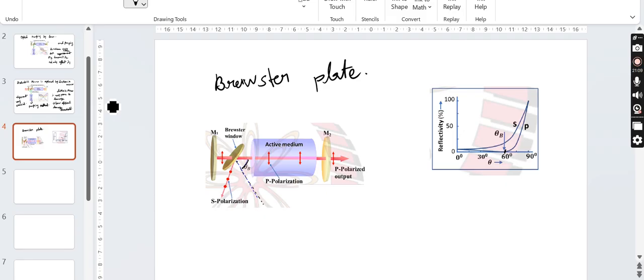So the spontaneous photons are emitted by the medium, and when the medium emits the spontaneous photons, it acts as the seeding of the pumping.